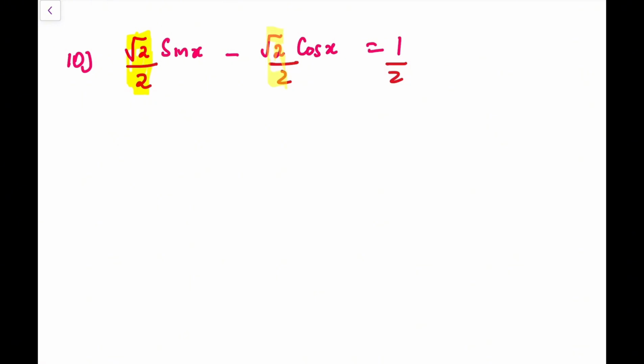Even root 2 over 2 here is the same as sine 45 or cos 45. But now since we have sine here, this can be written as sine x, and then root 2 over 2 is cos 45, minus cos x. Root 2 over 2 is the same as sine 45. This is equal to 1 over 2.